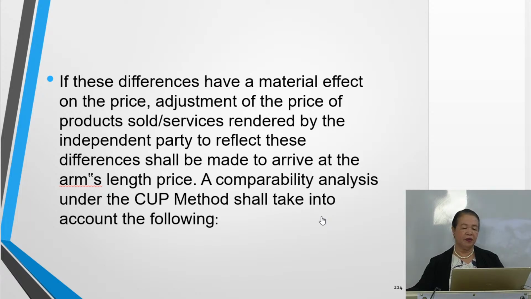So, are the same at the same points in the supply or production chain. So, dapat pareho sila na retailer o kaya pareho sila na distributor, no? Para ma-compare mo yung products nila, pareho sila ng functions. Kasi kung hindi sila, siyempre iba yung presyo ng distributor, iba yung presyo ng retailer, no? Sino ang mas mura? Siyempre the distributor. Sino ang mas mahal? The reseller, no?